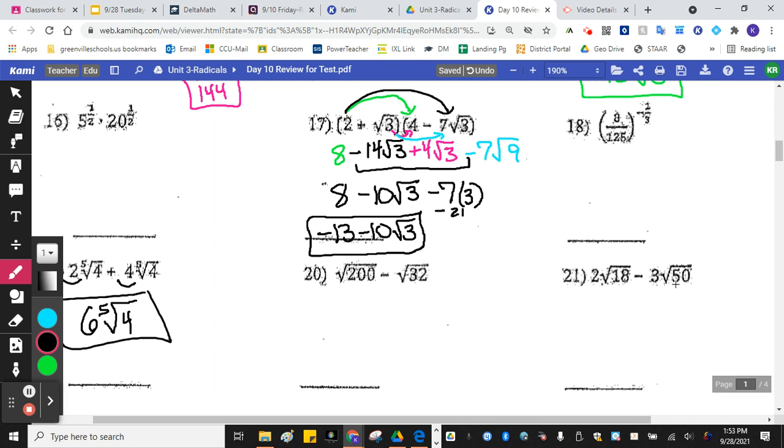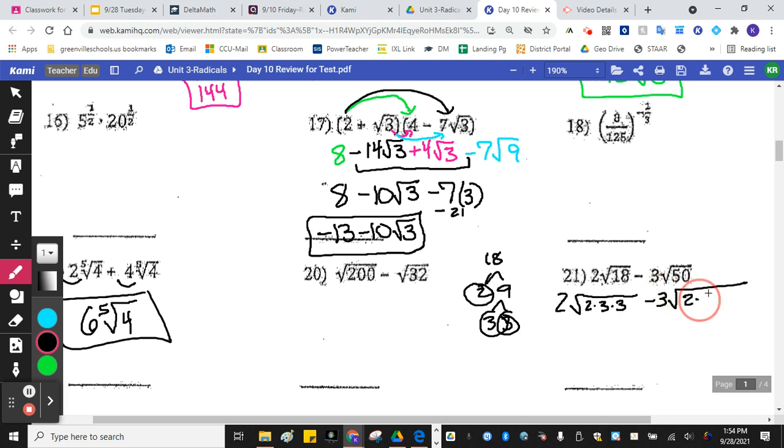the same radical. So we can simplify 18 into all of its prime numbers. And 50, every 2, because this is square root, every 2 1 comes out.